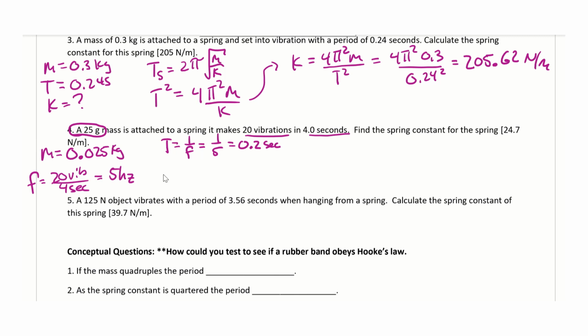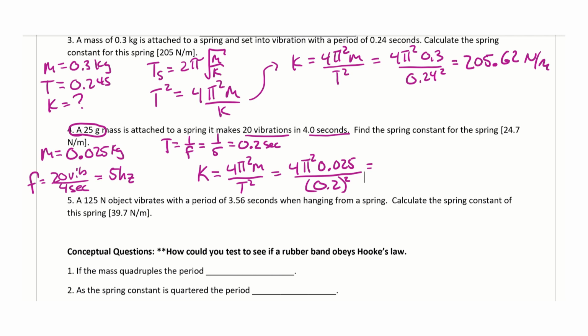So again, we're finding spring constant. So you start with the original equation and square it, and then you can solve for K. We did that right here. So I'll bring it down from problem 3. K is equal to 4 pi squared m over period squared. So we'd have 4 pi squared times 0.025 converted to kilograms, divided by 0.2 seconds squared.